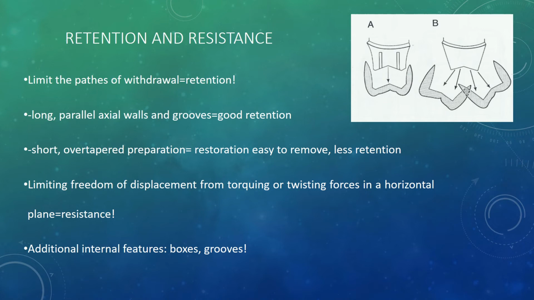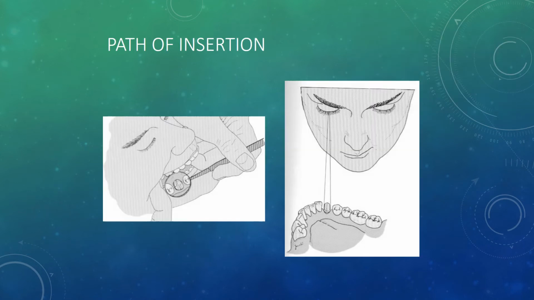With a short or tapered preparation, the restoration is usually easy to remove and it is less retentive. It also limits freedom of displacement from torquing or twisting forces in a horizontal plane, along with any additional internal features such as boxes and grooves. So these are the things which have to be incorporated.